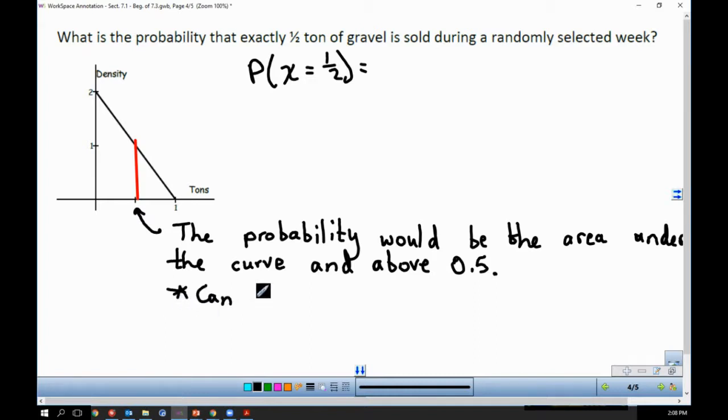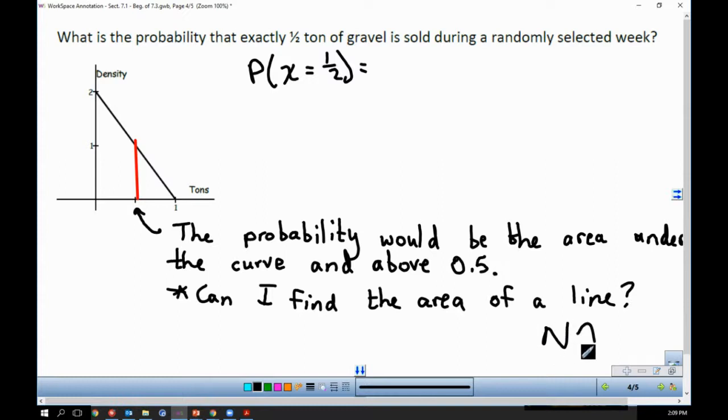Can I find the area of a line? No. So this probability is 0. A line has no area.